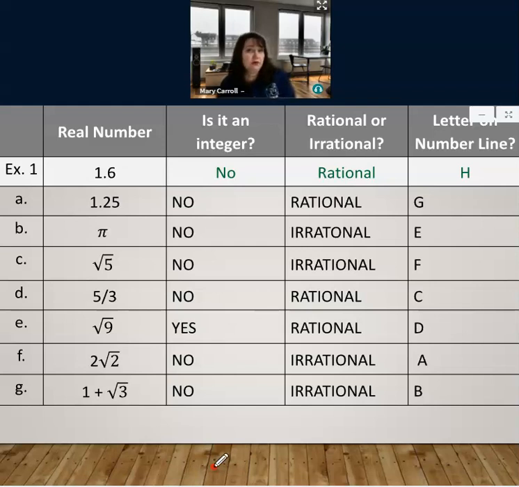And again, the square root of 9 is 3, so that's a rational number. The rest of them are all irrational numbers. Square root of 5, remember, a rational times an irrational is an irrational. That's what f would be. G would be a rational plus an irrational. And those are where they are on the actual number line. Hopefully you got those.